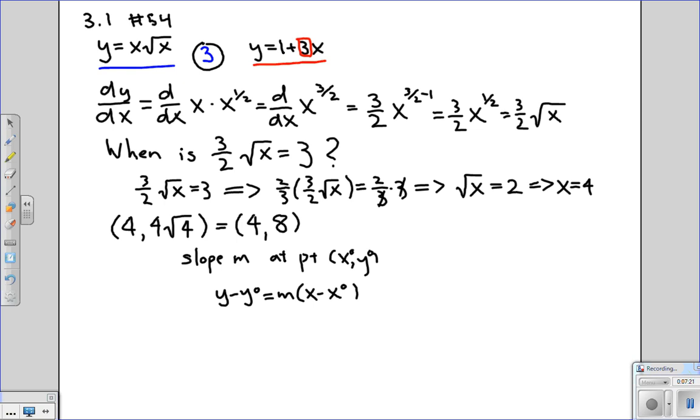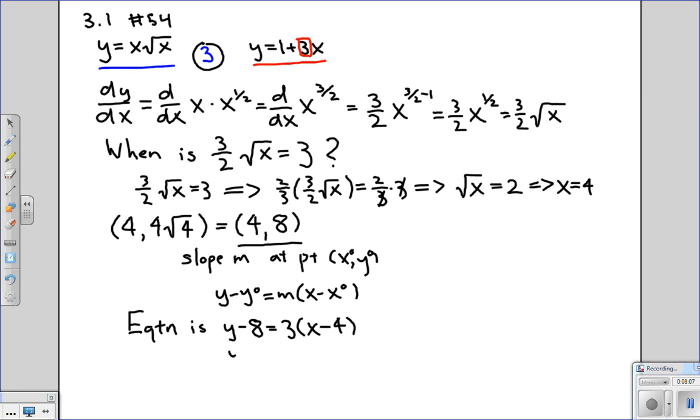Now all we got to do is apply this to our situation. So in our situation, the point x naught, y naught is 4 comma 8. So plugging that in, and furthermore, we should note that our slope m is what? Well, it's 3. So plugging all of those values in, we get that the equation is y minus 8 is equal to 3 times x minus 4.